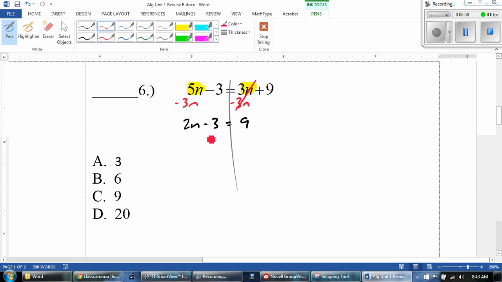Okay? Now I can follow SADMAP where I add 3 to both sides. We get 2n equals 12. Make sure you're doing the opposite right there, because if you subtract it, that answer's there, guys. And 12 divided by 2 is 6.